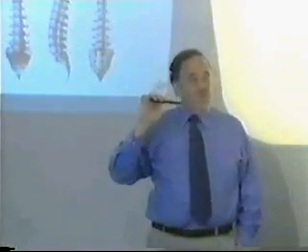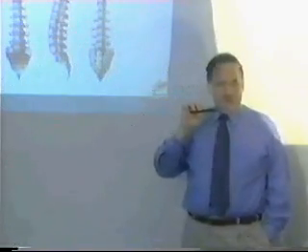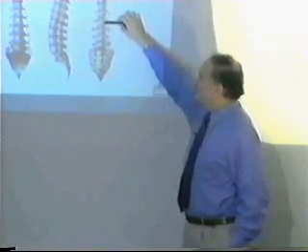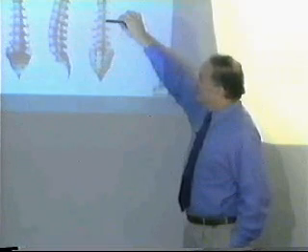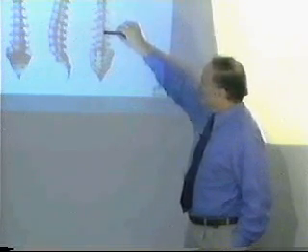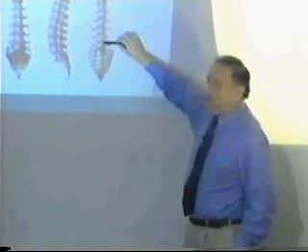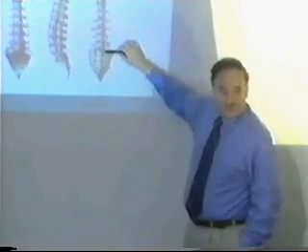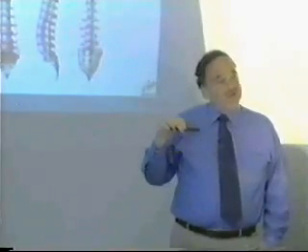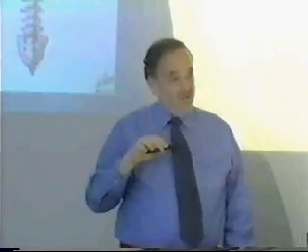So for any individual patient, you don't really know where the bottom of the spinal cord is. It might be a little bit higher than that, it might be a little bit lower than that. On average, it's right around here. So since for any individual patient, you don't know exactly where it is, and it could be as far down as here, to be sure that you're below it, that's why you come all the way down here to L4 and L5. This is even more important in children because at the time of birth, the bottom of the spinal cord is at the L3 vertebral level on average.